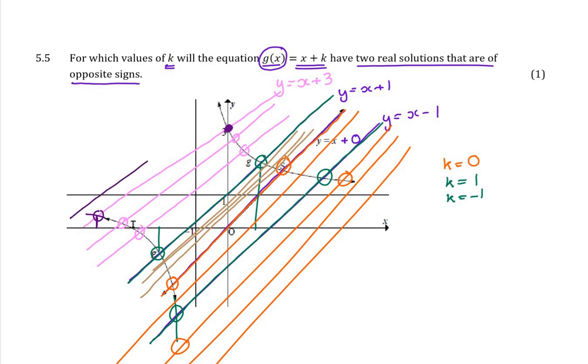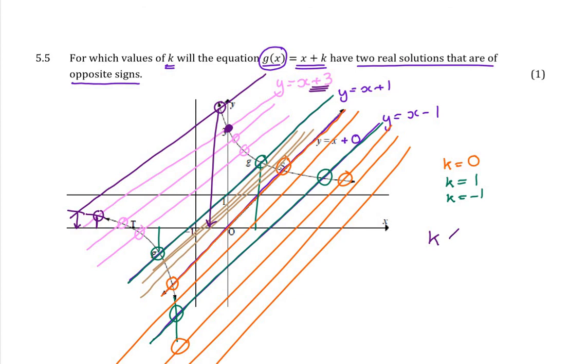If I go above that, I now am getting a negative solution there and a negative solution there. So I now have two places of intersection, but the signs of those points of intersection are the same. Now, what does that mean? That means your k value has to stop at 3.